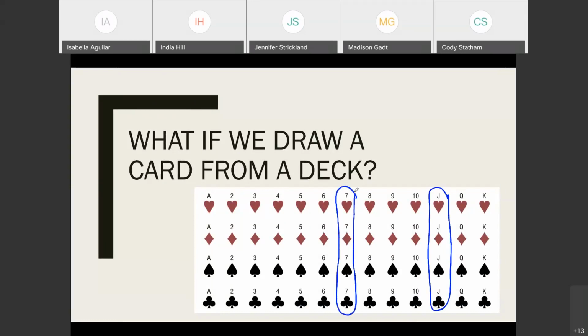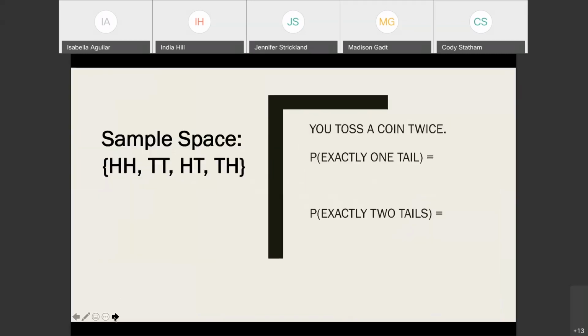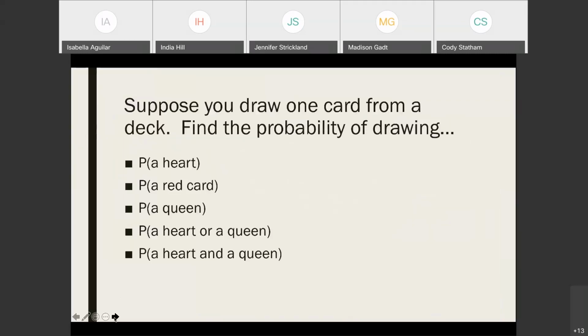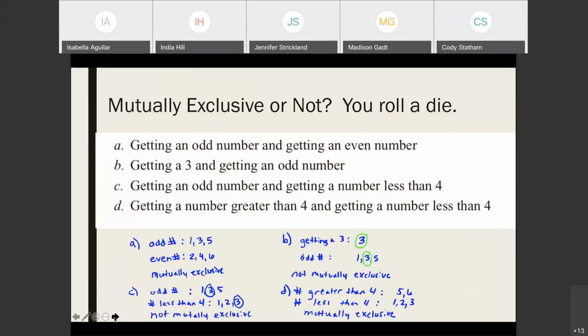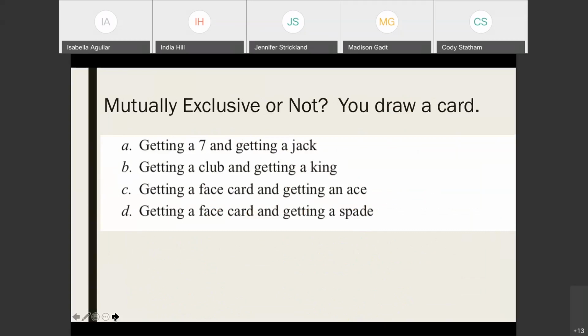So yes, I would agree with you that those are mutually exclusive because those are two completely separate groups. Okay, does everybody agree with that? Mutually exclusive for the first one? All right, so I would say yes on this one.